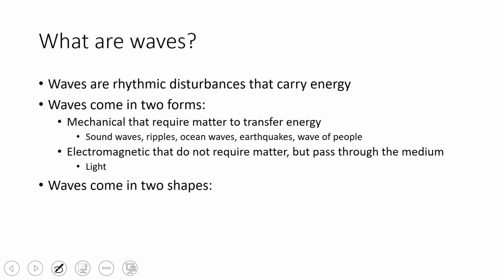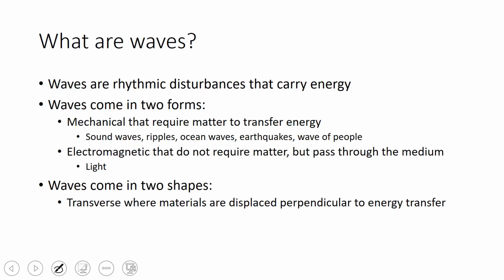Then waves also come in two shapes. The first is what are called transverse waves. And so in a transverse wave, if the energy is carried this way, the medium is displaced this way.